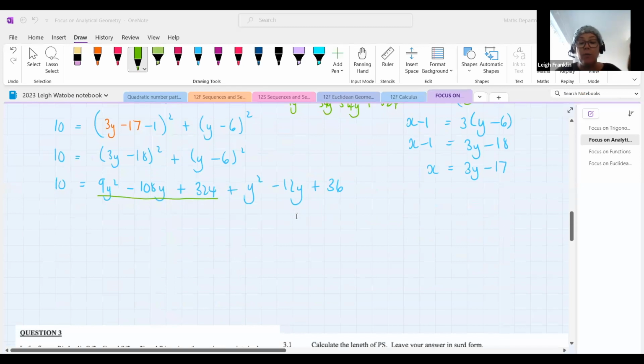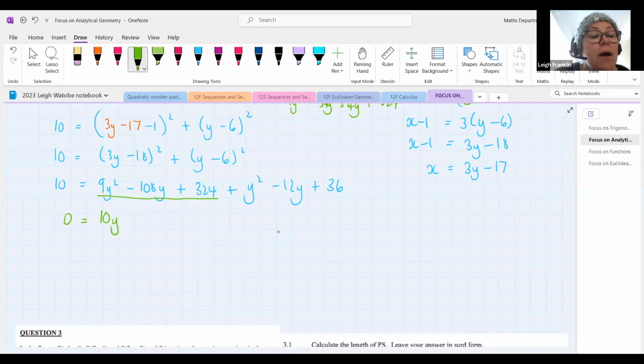And I want to collect my like terms. I want to get it into standard form, so I'm going to make it equal to 0 on this side. I've got 9y squared plus y squared gives me 10y squared. I've got minus 108, take away another 12, so that gives me negative 120y.